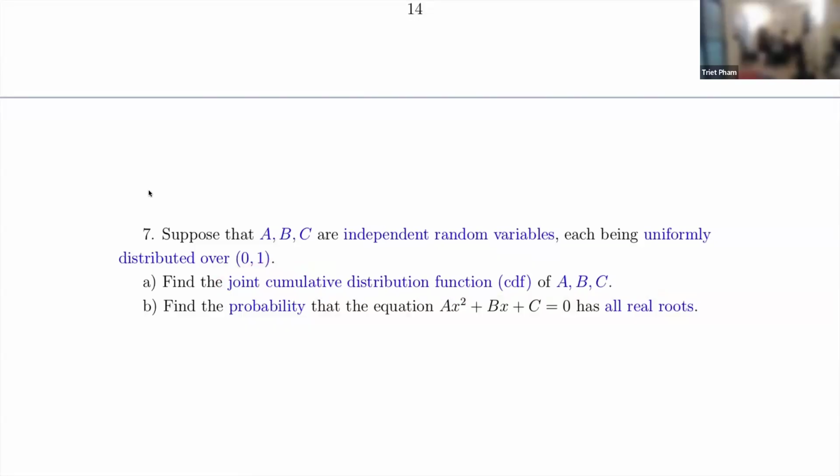But can we figure that out based on what we know about joint PDF and CDF before? What would the joint PDF be in terms of what they're looking for?